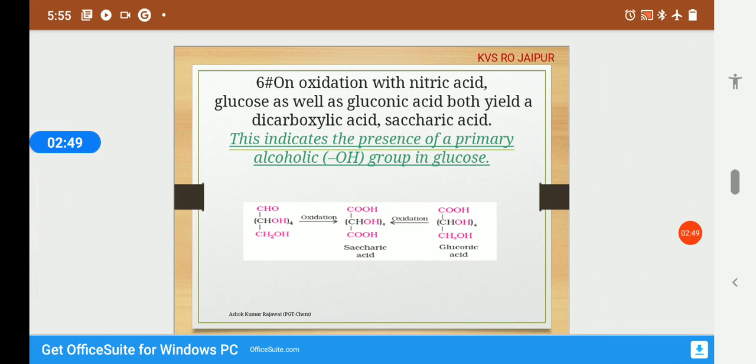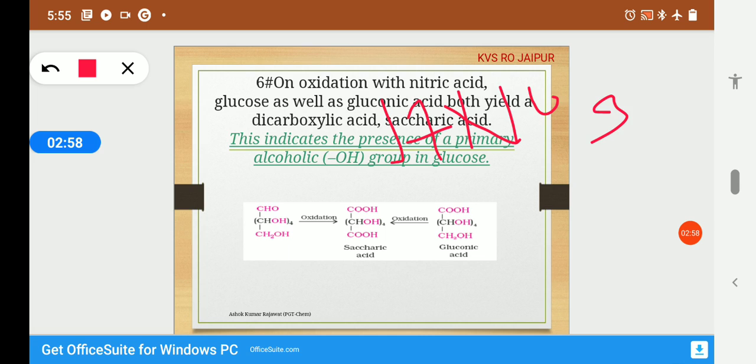Now, when glucose is treated with HNO3, it gives saccharic acid. This indicates the presence of a primary alcoholic group in glucose.